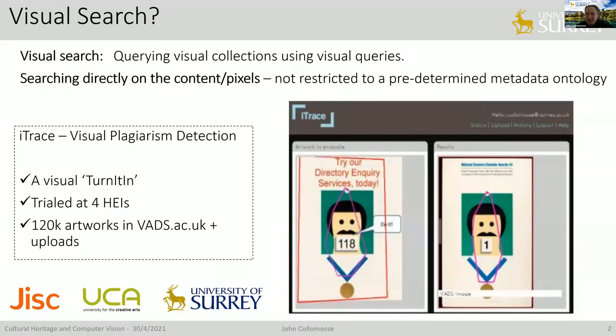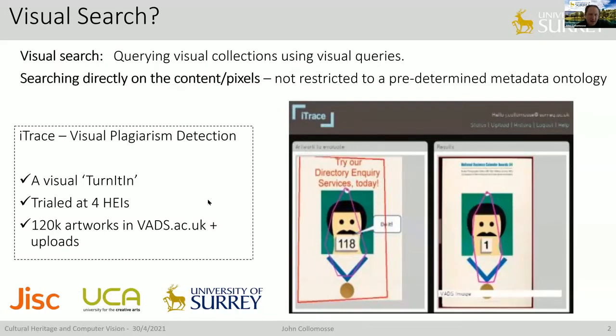But when we do that, we first of all presume there is some metadata, which is not always the case. And secondly, we're restricted to the kinds of tags and ontologies that metadata has been defined around. By searching visually directly on the content, for example the pixels of the image, we can maybe discover some new facets of the collection and unlock ourselves from the definitions around which the metadata of those records has been defined.